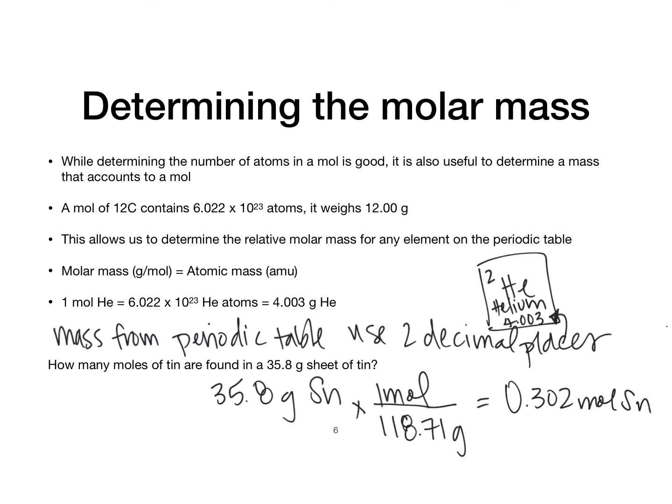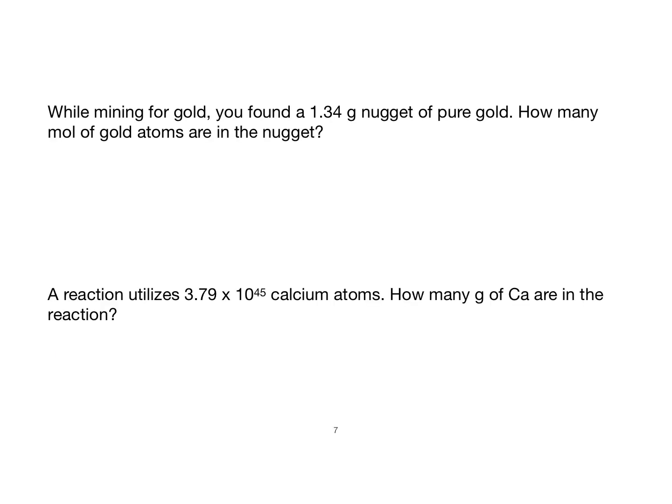So let's look at a couple of different examples. In this case, we are mining for gold, and you found a 1.34 gram nugget of pure gold. How many moles of gold atoms are in the nugget? So in this case, we are going to calculate 1.34 grams of gold, which is Au.